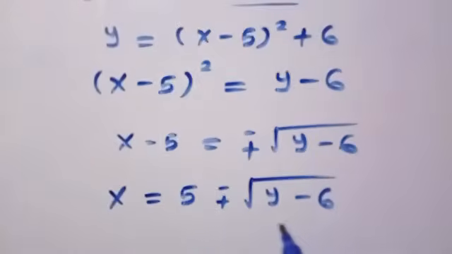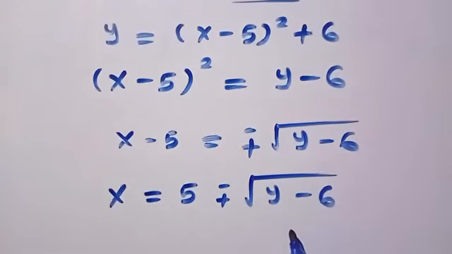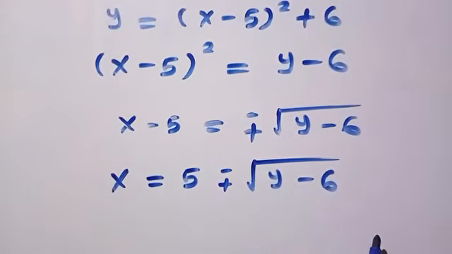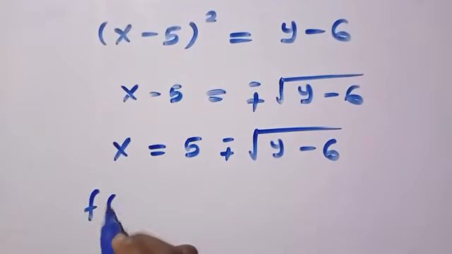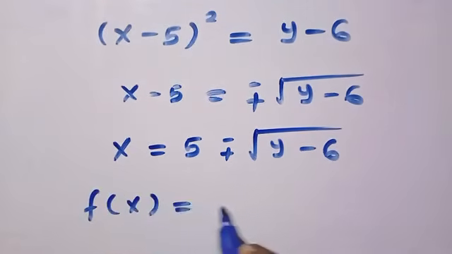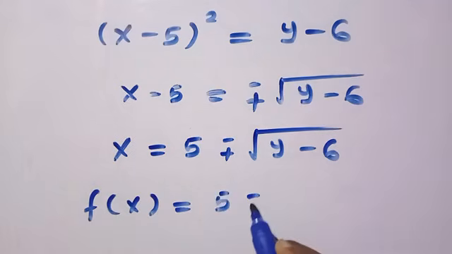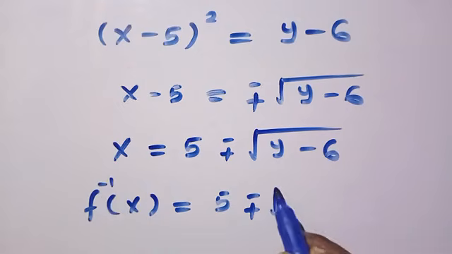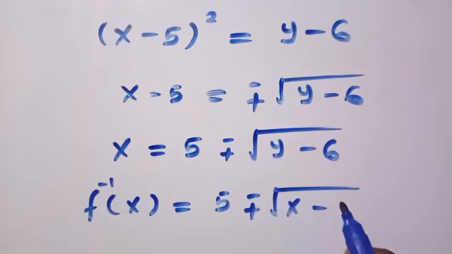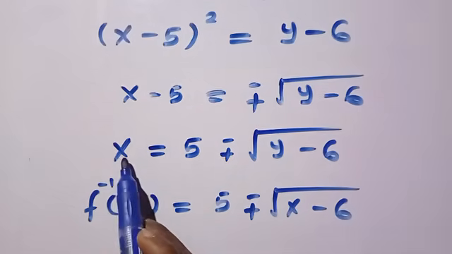At this stage, let's switch x and y. By switching x and y, we are going to have f inverse of x equals 5 minus plus the square root of x minus 6, because we let x be f inverse of y before.